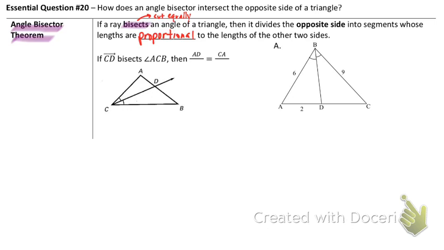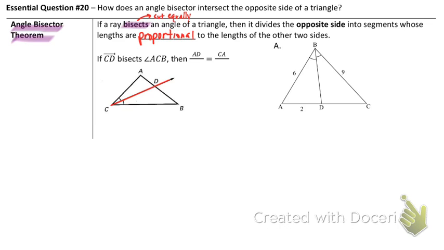Okay, so if you look at our example here, if CD bisects angle ACB, so we have CD, which I'm going to highlight in red, so we have ray CD, it's going to bisect angle ACB.